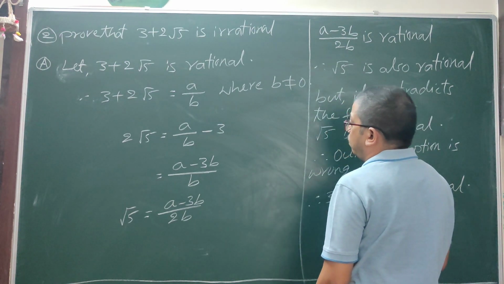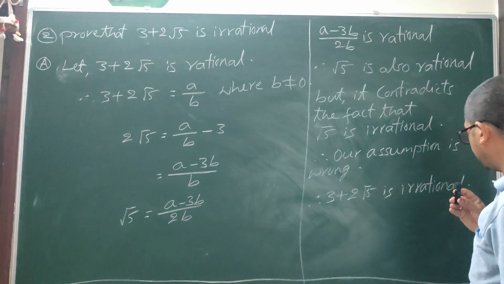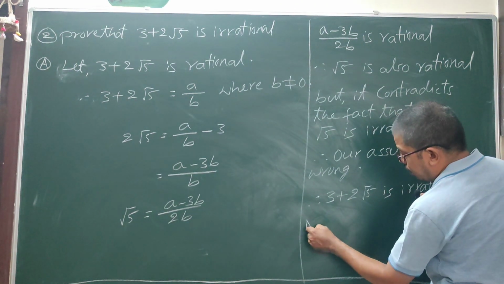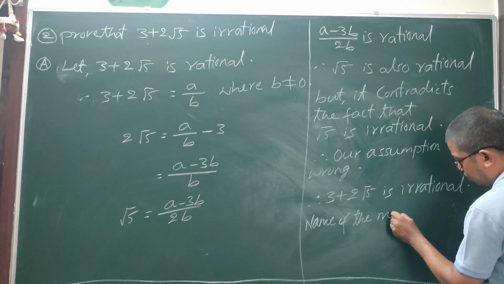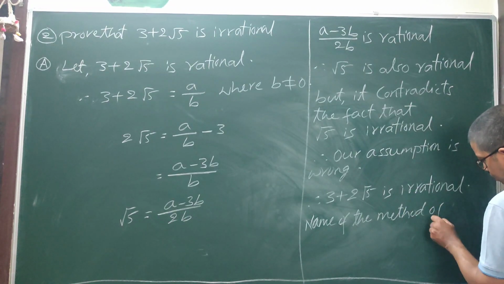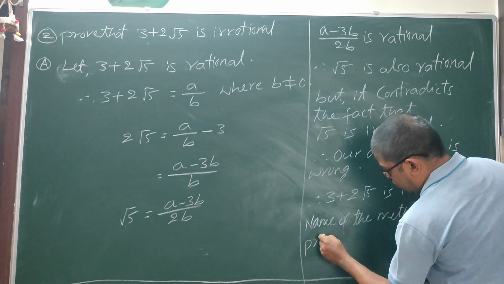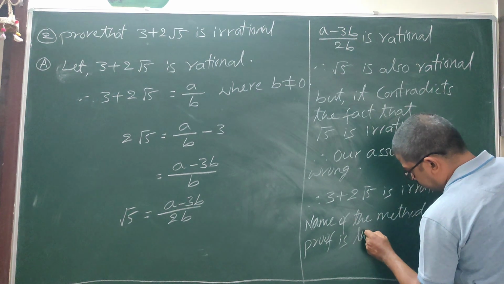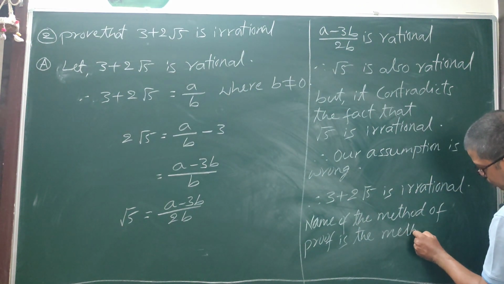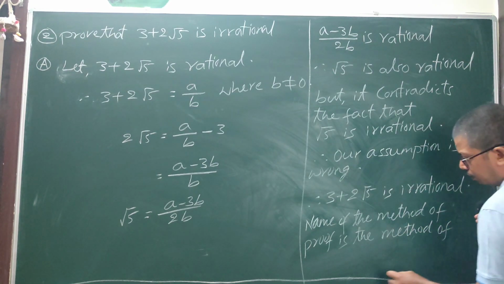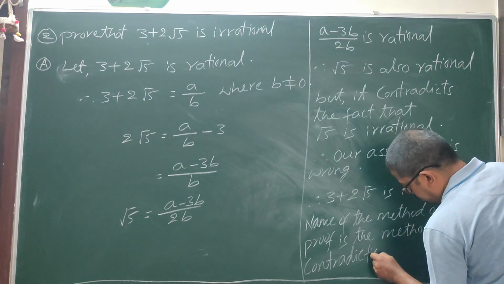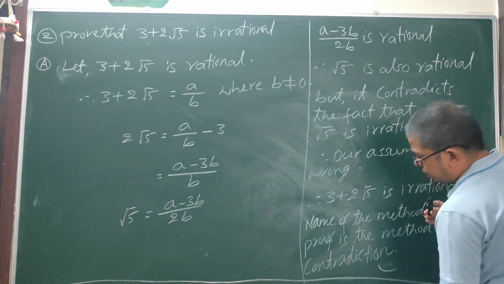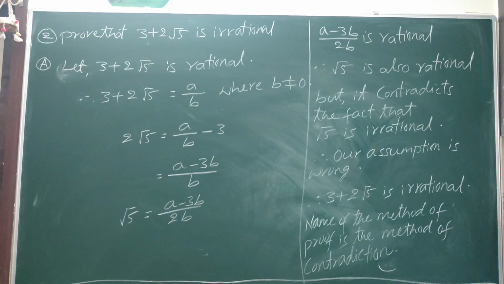So here, name of the method of proof is the method of contradiction. So it is also important for 8 marks.